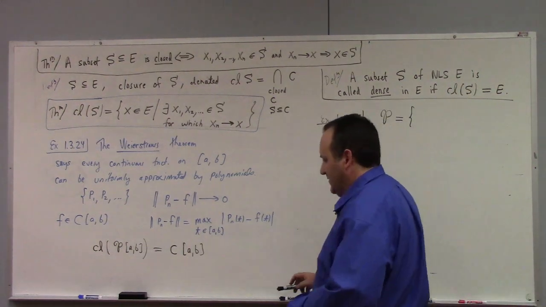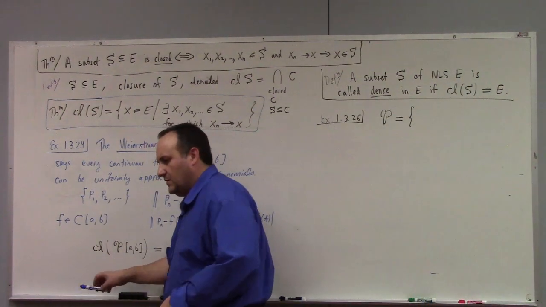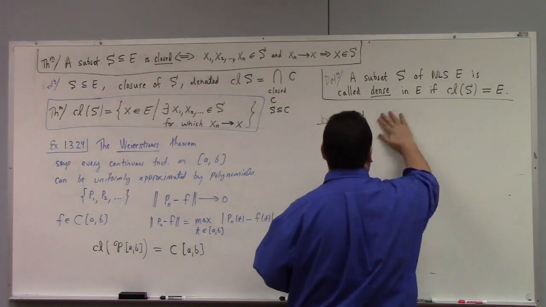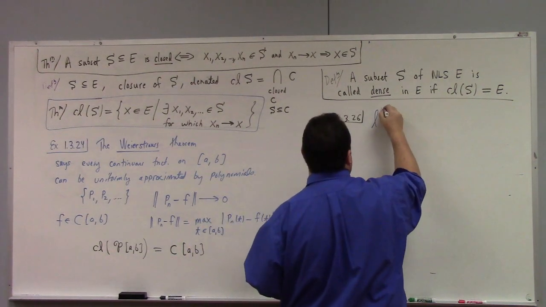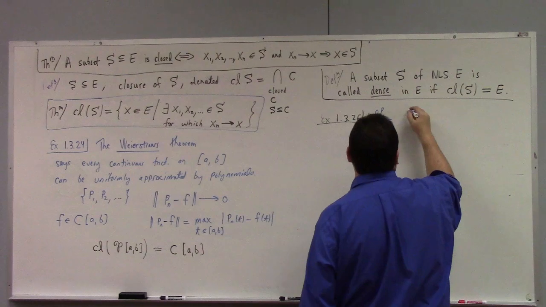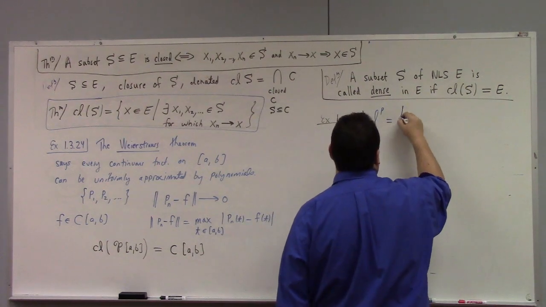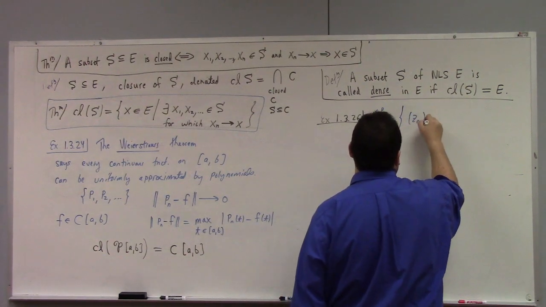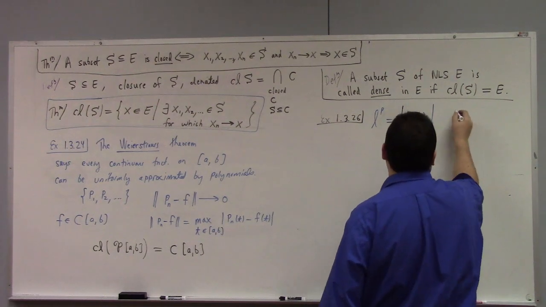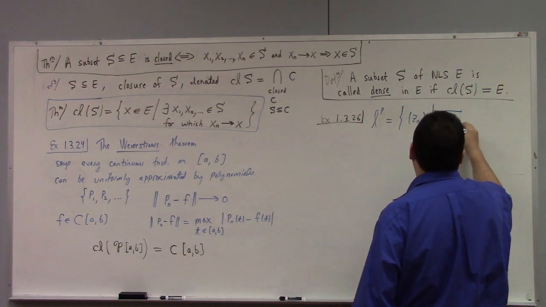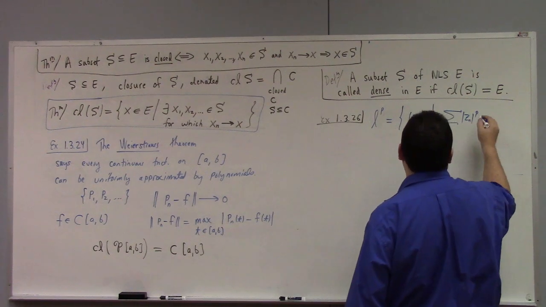I'm trying to think of a different notation here. What is l^p? It's complex sequences such that the sum converges.